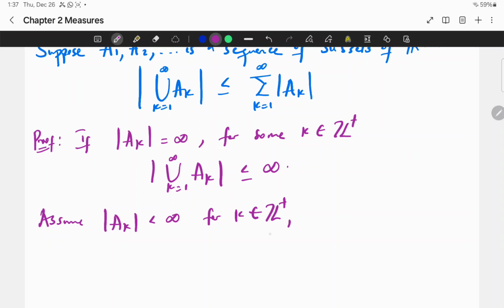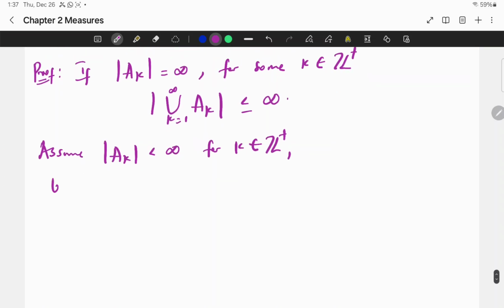Okay, so now let's define a sequence of open intervals that can cover this. So let I_{1,k}, I_{2,k}, because we are dealing with a sequence of subsets. We are not only dealing with one A, so that's why we have this k.